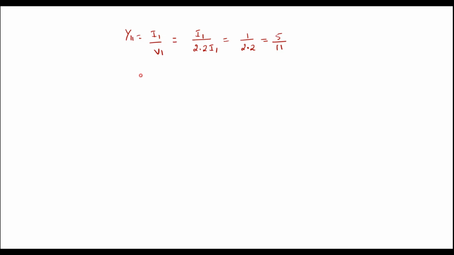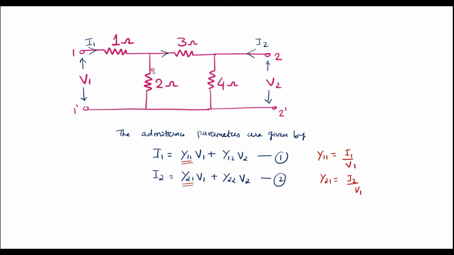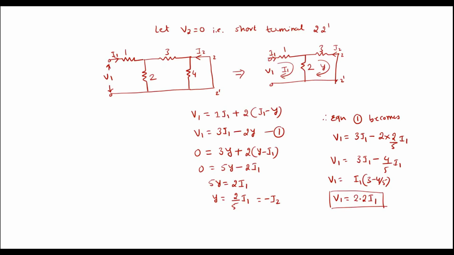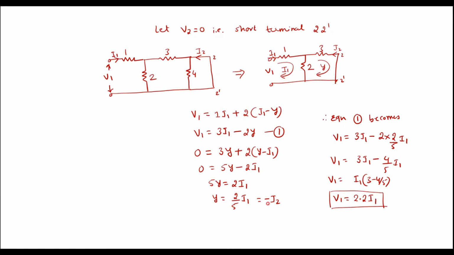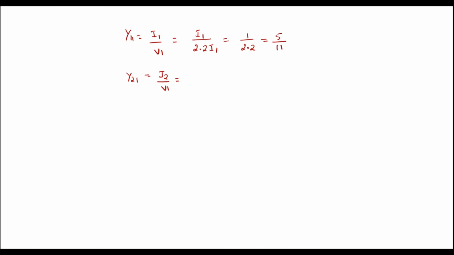So similarly, Y21 is equal to I2 by V1, which is equal to, as I said here, I2 is nothing but minus 2 by 5 I1 divided by V1. V1 is nothing but 2.2 I1, which is equal to minus 2 by 5 into I1 by 2.2 I1.